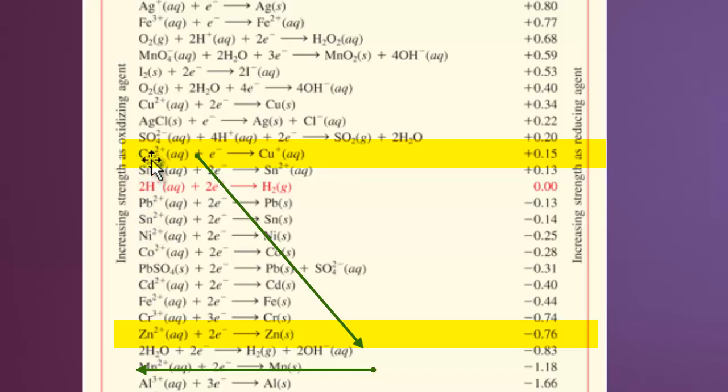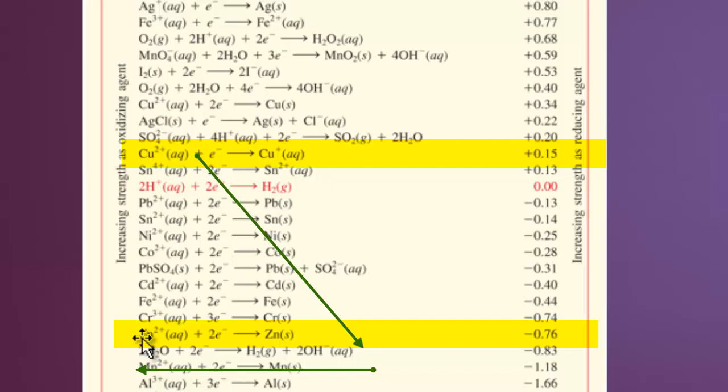So copper, by its positioning above zinc, will cause zinc solid to be oxidized to Zn2+. Let me repeat that again. Copper will cause this half reaction to flip, causing zinc solid to be oxidized to zinc 2+, yielding a positive voltage. If it did not yield a positive voltage, it would be negative.